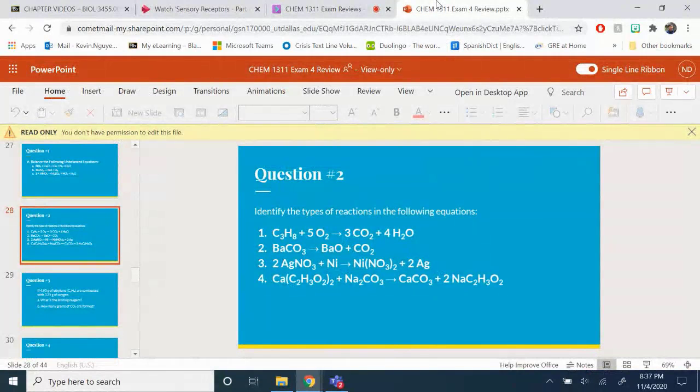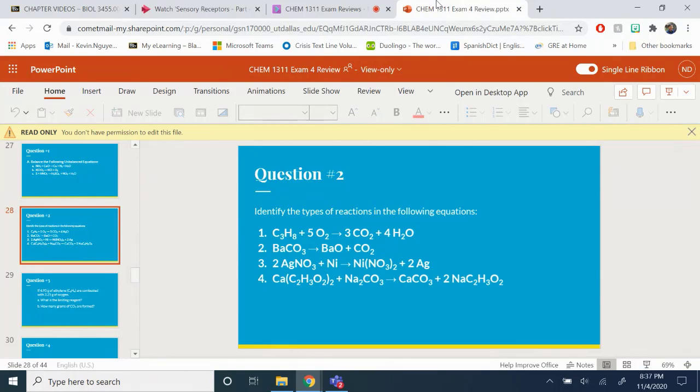What is the last type of reaction we need to know? Okay, so there's 5 main basic reactions, right? We have combination, also called synthesis. So you have multiple reactants and they form a single product. We also have the opposite of that, which is decomposition reactions.